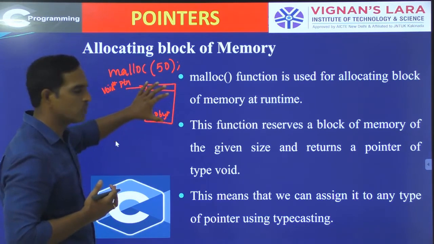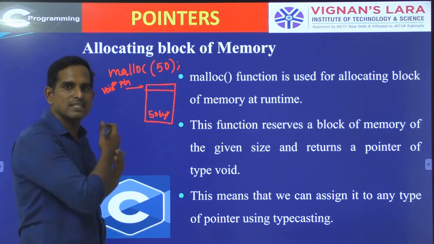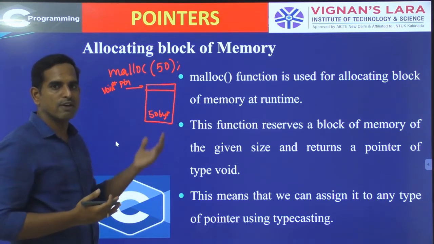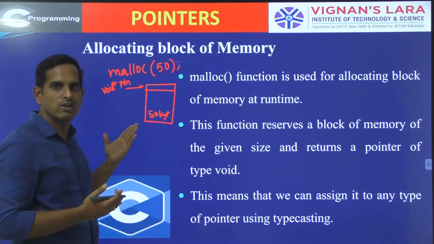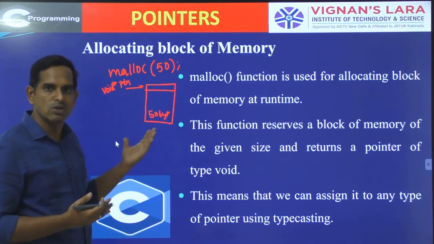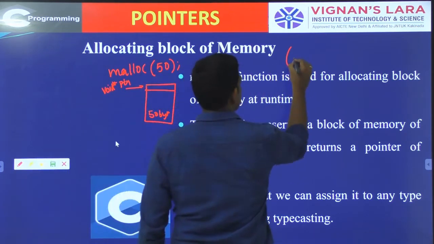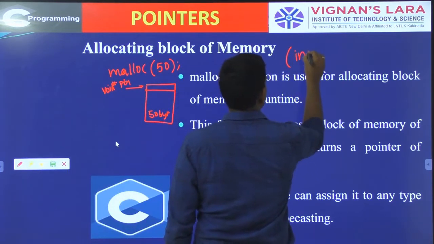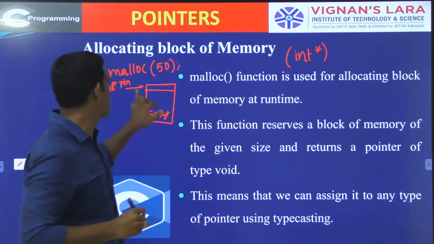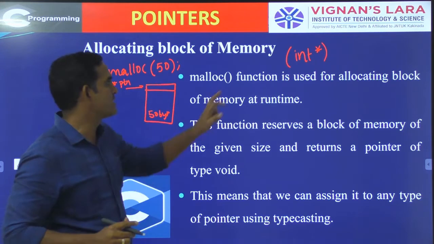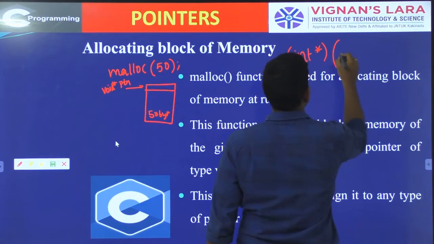If I want to use the 50 bytes for storing characters, I will typecast it to characters. If I want to store float values, I will typecast it to float. How are you going to typecast? If I want to store this memory for integers, then I will write int star. This is typecasting to integer.